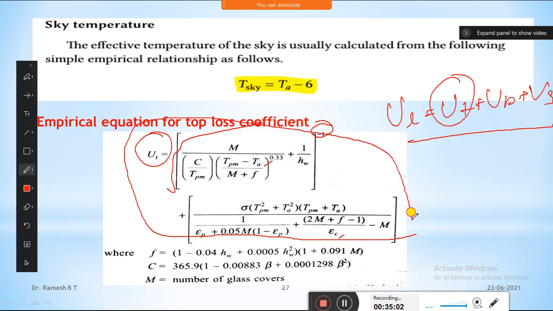There is no derivation for it. You simply remember it, and it helps for calculation purposes. This is the top loss coefficient equation.